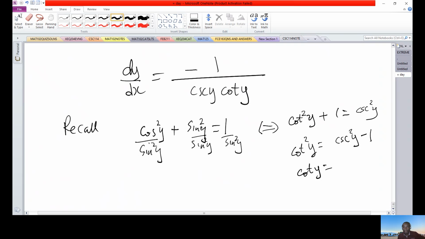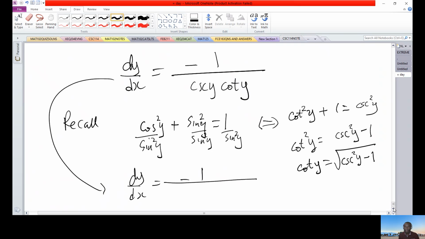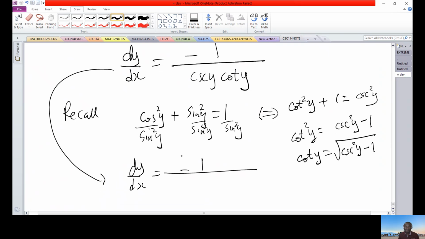So cot y will be the square root of cosec squared y minus 1. So therefore now this can be written as dy/dx equals negative 1 over cosec y times, in place of cot we write the square root of cosec squared y minus 1.